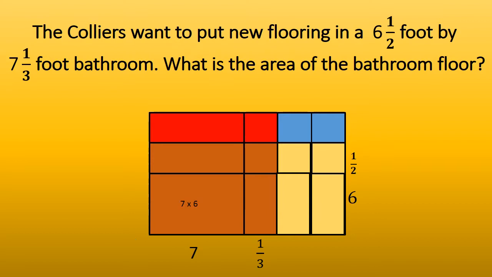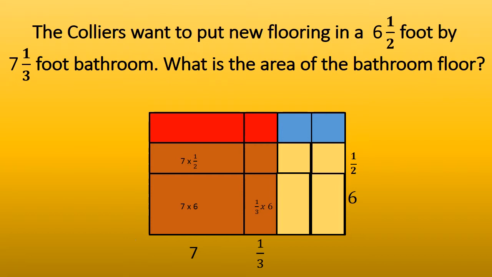Now we're going to identify what we're going to have to multiply our factors for to find each area, each partial product for the area of the whole. Here you can see we have 7, and you cross it straight across with 6, and we know we're going to be multiplying 7 times 6. If we're to find the area in this small area, you can see it's in the 1/3 column, and it intersects with row 6, so it'll be 1/3 times 6.